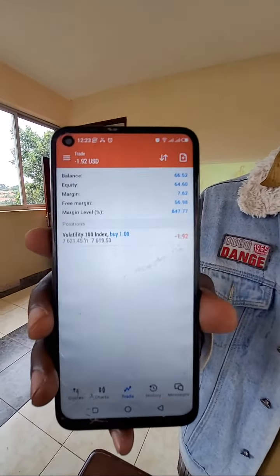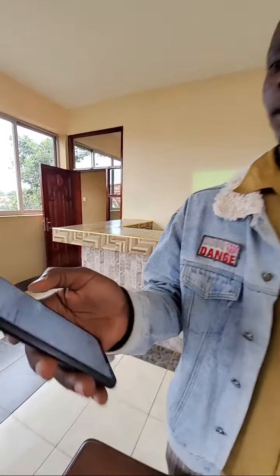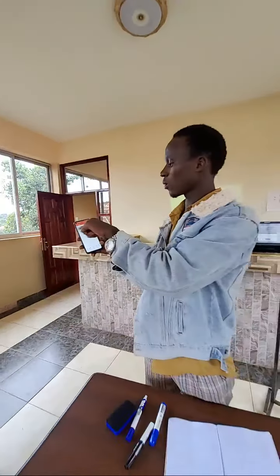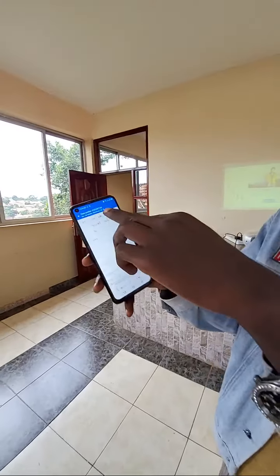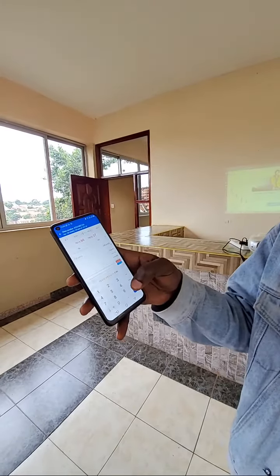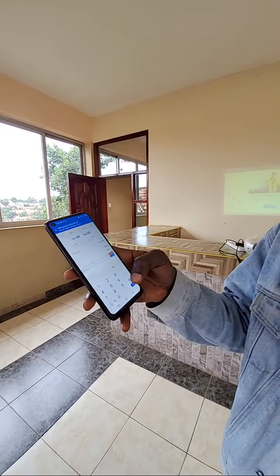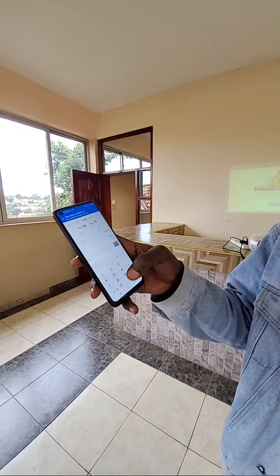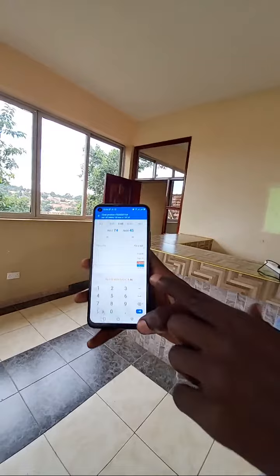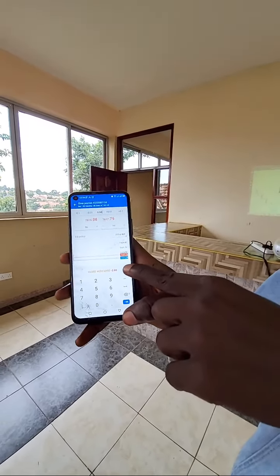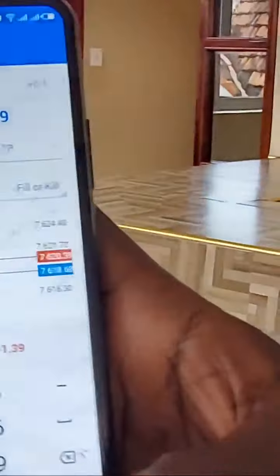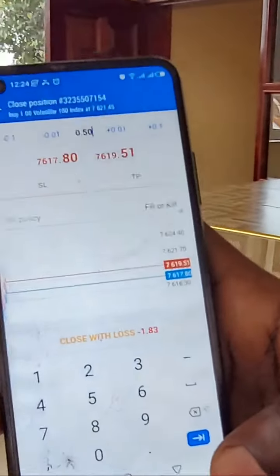Now what we are learning here is closing partials. What you do is scroll or slide, then while closing a position, you reduce the lot size. When you reduce the lot size, I'm going to reduce to 0.50. So those are closing partials. That means if it's running at negative $2, if I close partials, I've closed half of it, and I have $1 remaining.